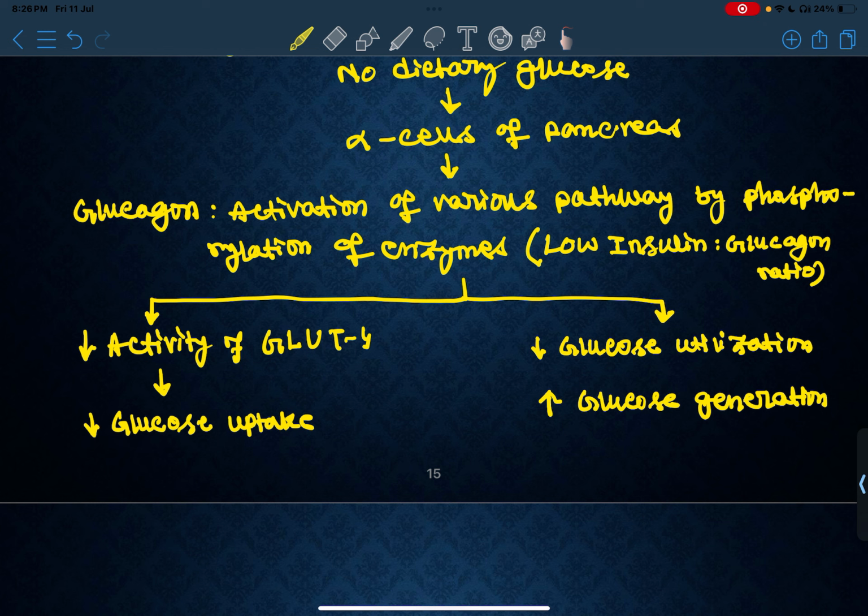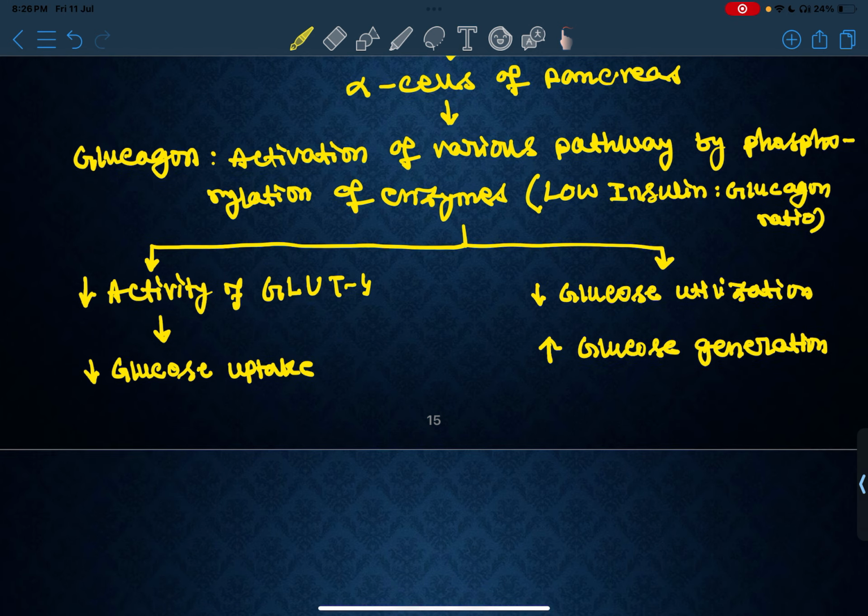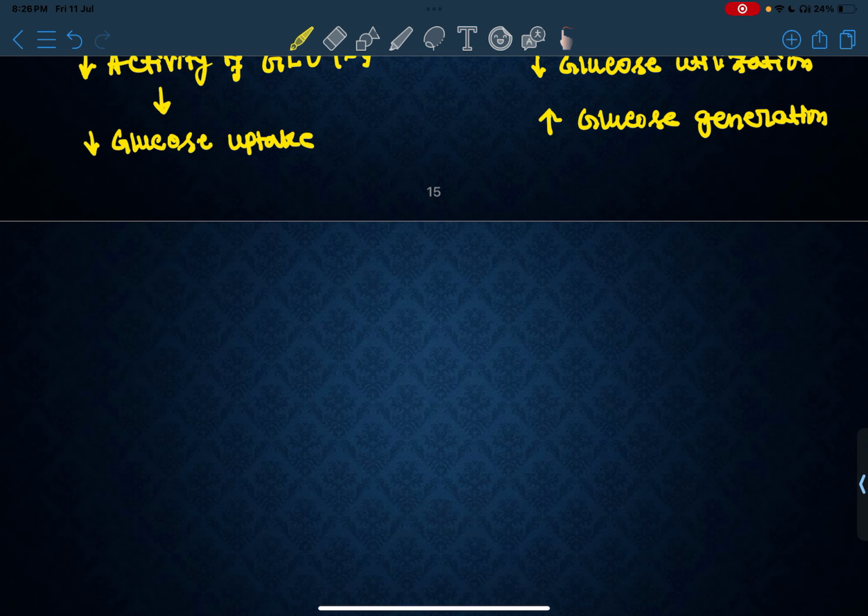Let's see in brief what is happening in the fasting stage. What are the metabolic pathways which are increasing and decreasing? This chart is very important. You can mark it. In this chart you can clarify the overall topic. Glycolysis is decreasing, obviously.